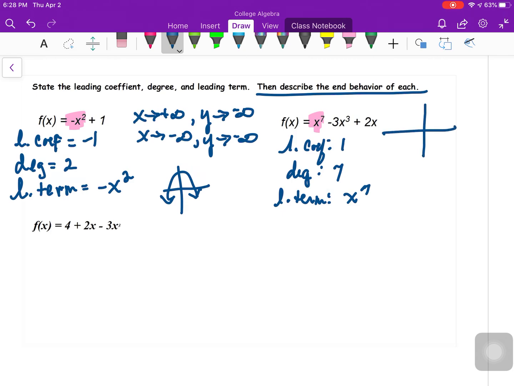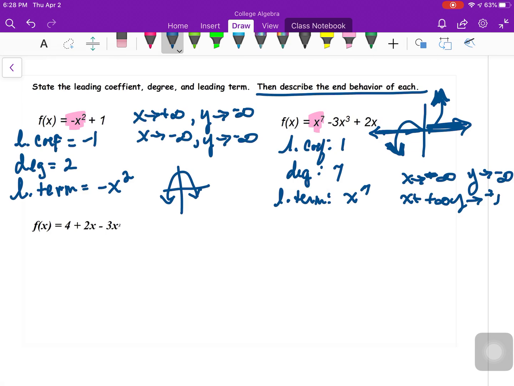So a 7th degree with a positive leading coefficient will do something like this. So as the x goes negative, the y goes negative. As the x goes positive, the y goes positive.